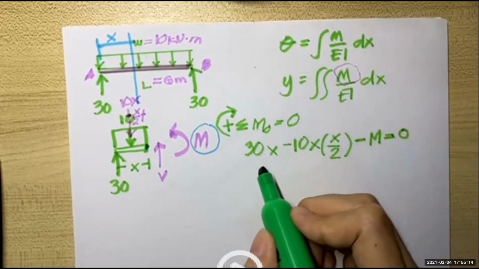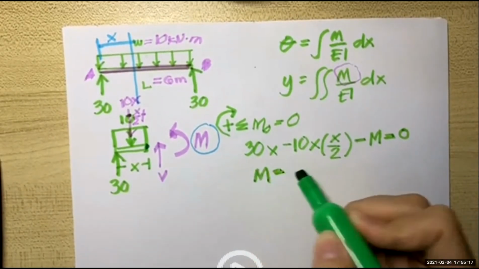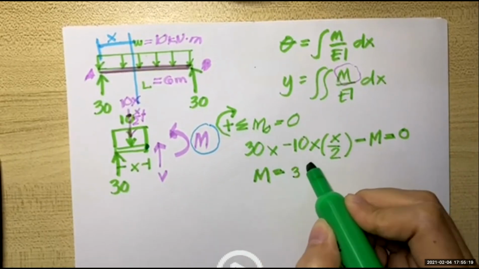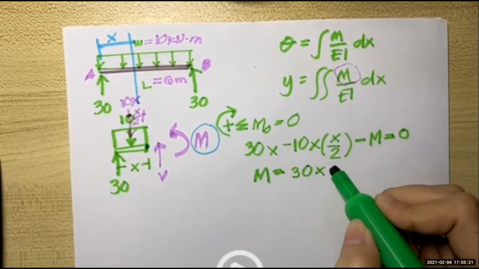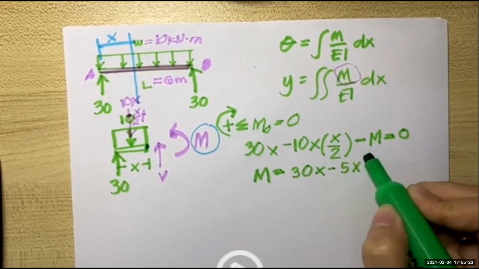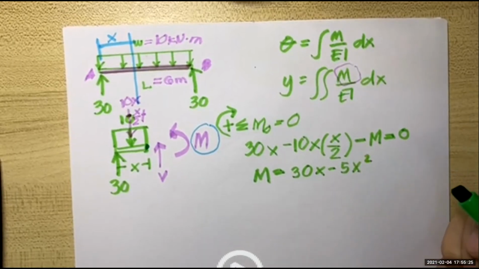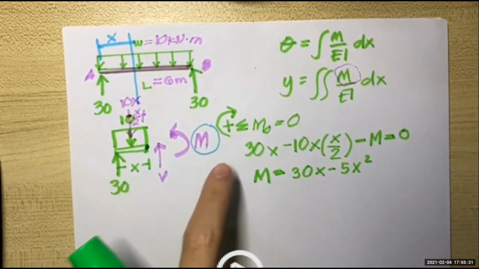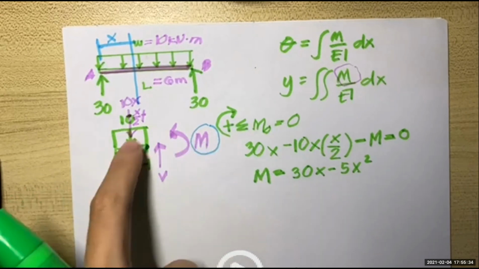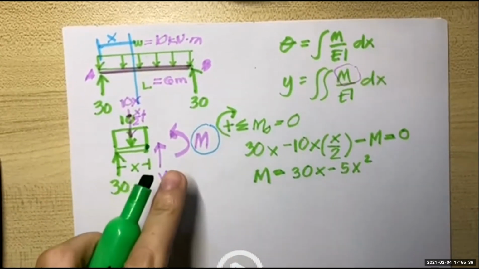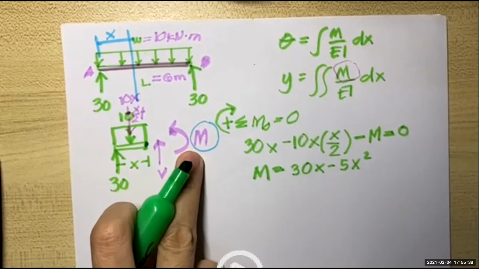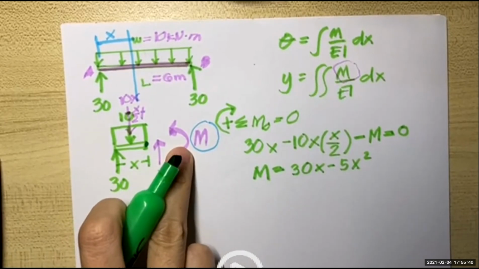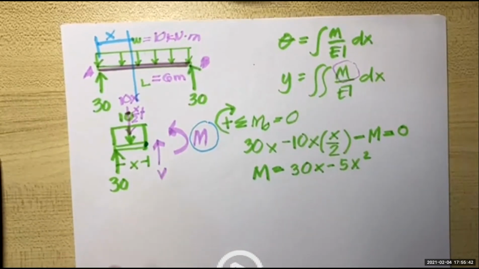And then, writing the equation now, we have m is equal to 30x minus 5x squared. Now, for the shorter solution, para wag nyo na tong isulat sa summation of moment, pwede man dito nyo na lang tingnan. Kapag hinahanap yung moment, lahat ng force na opposite sa kanya is positive, and then yung same direction sa kanya is negative.